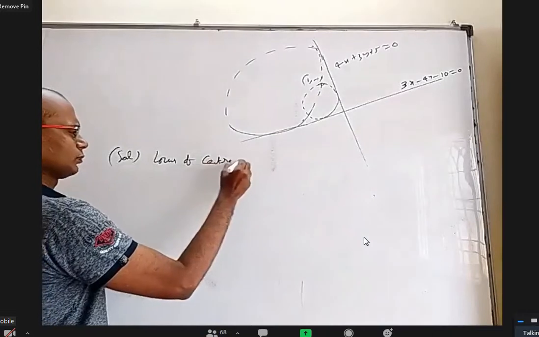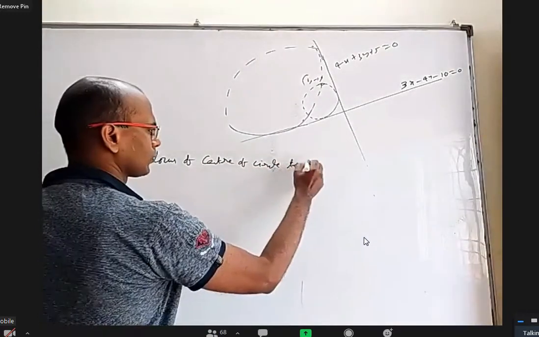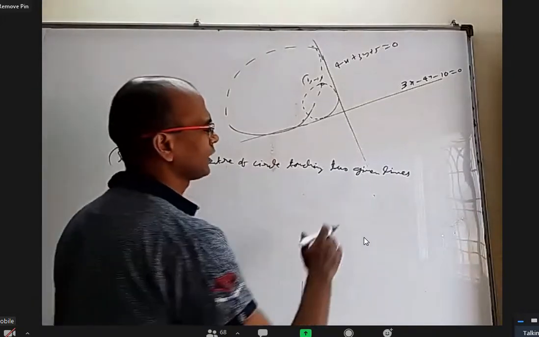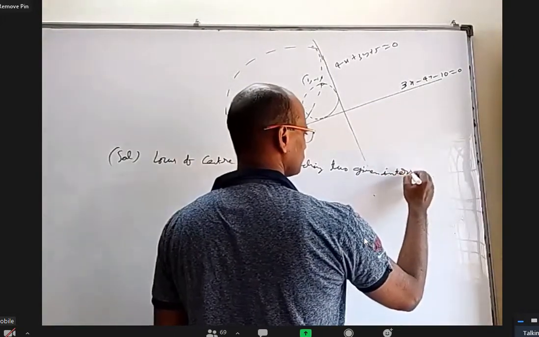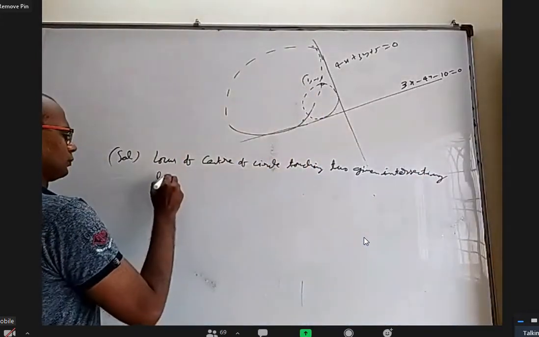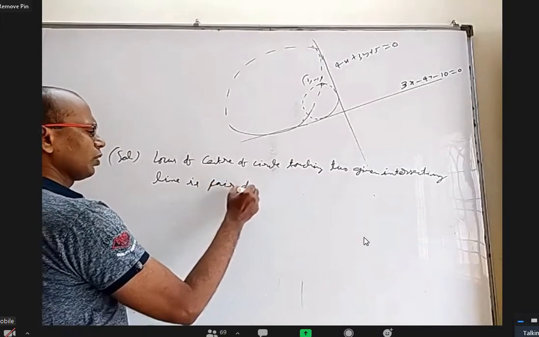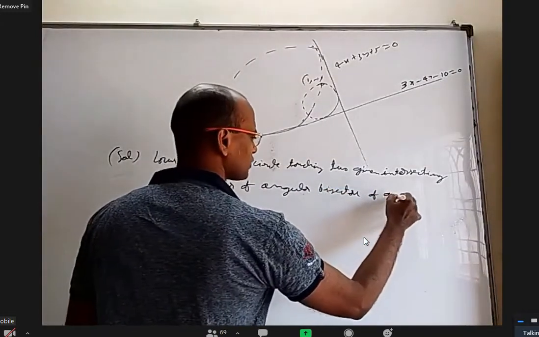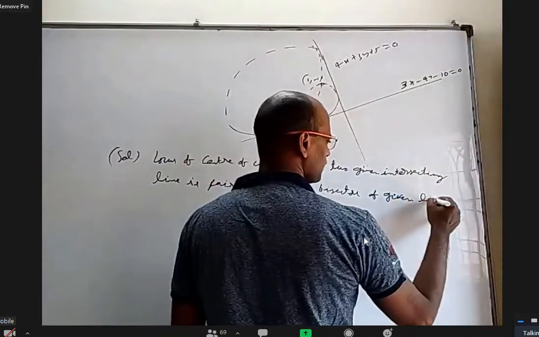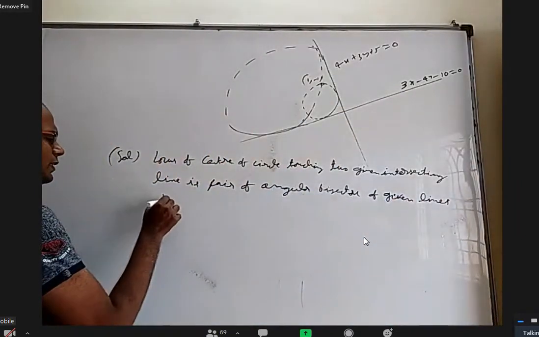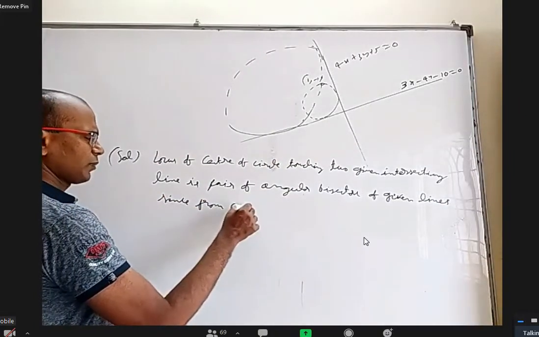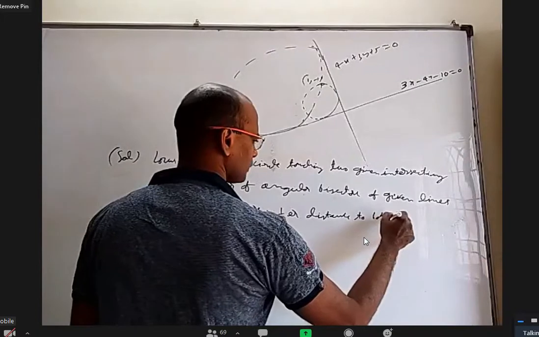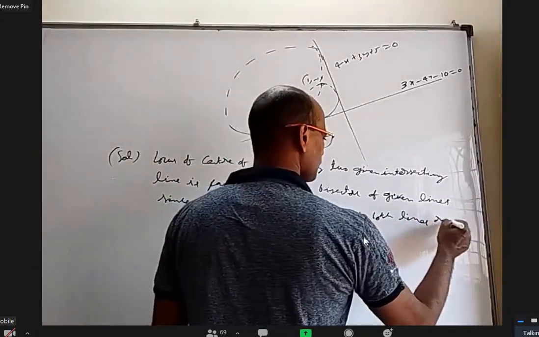The locus of the center of a circle touching two given intersecting lines is the pair of angular bisectors of the given lines, since from the center the perpendicular distances to both lines are equal.